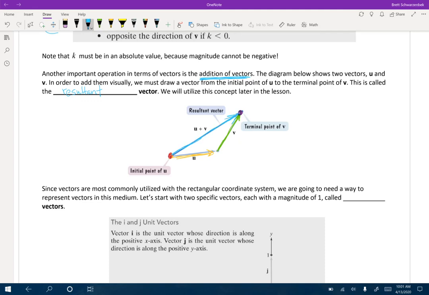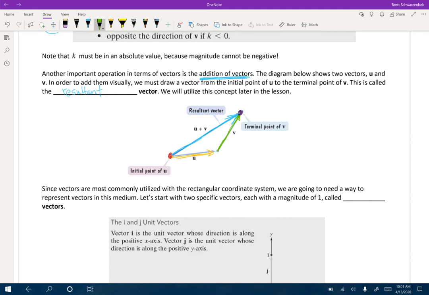This resultant vector is basically u plus v. I know it might be a little weird to say it that way, but essentially, if you take any two vectors and draw them out, and we'll talk more about drawing them later, the result is always going to be the vector from the initial point to the terminal point of the two vectors that you actually had.